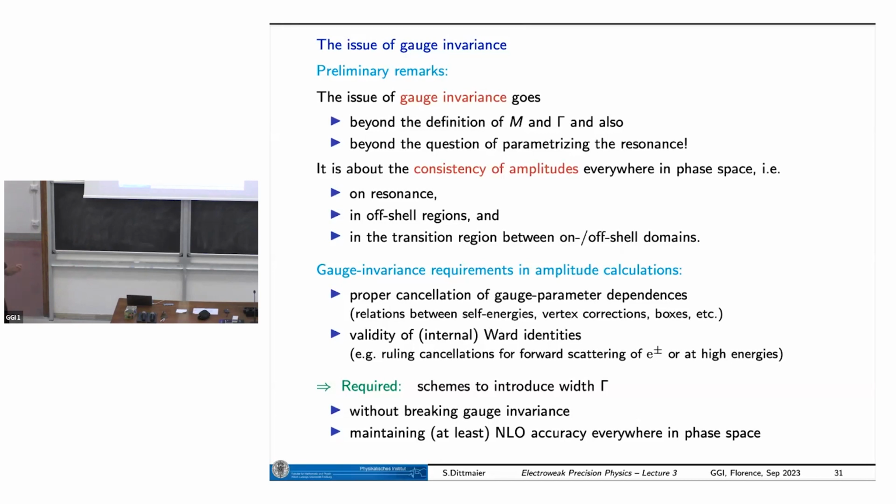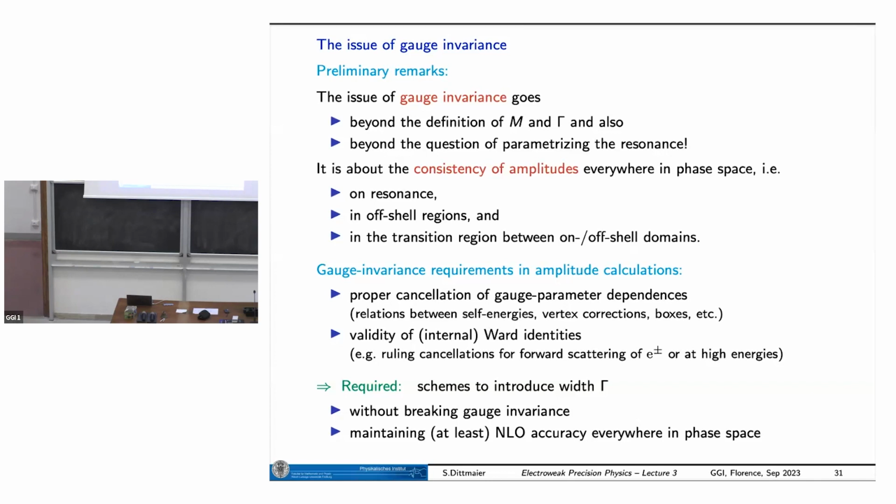The xi is a gauge parameter, and all physical quantities that you calculate are not allowed to depend on this gauge parameter. If they do, you have made something wrong, because fixing the gauge is a non-physical process that you do in your calculation. The physics should not care about it. So gauge parameter dependence should not show up.